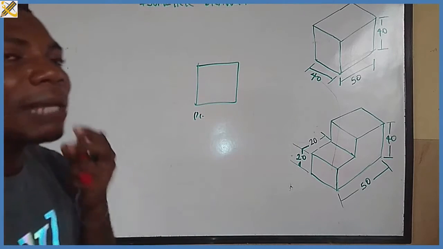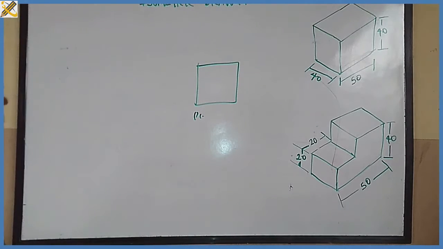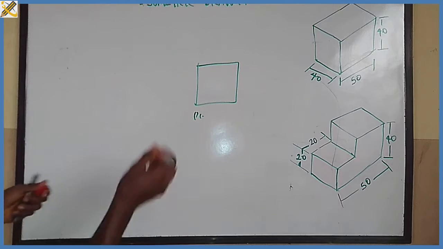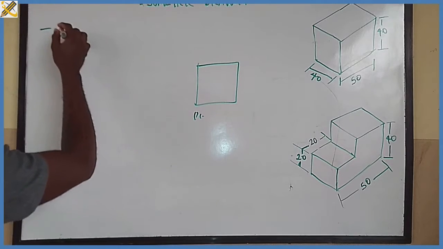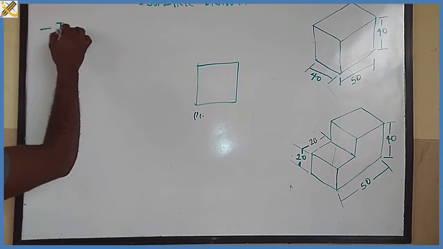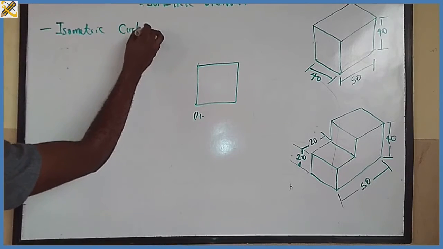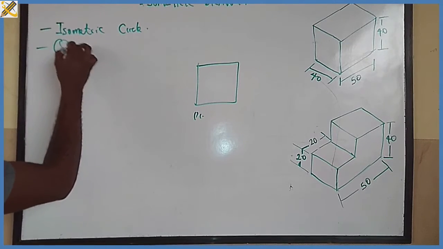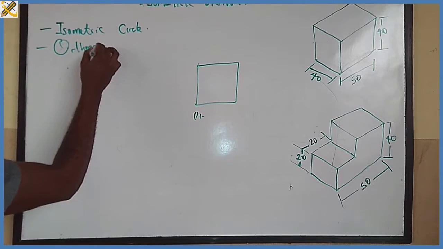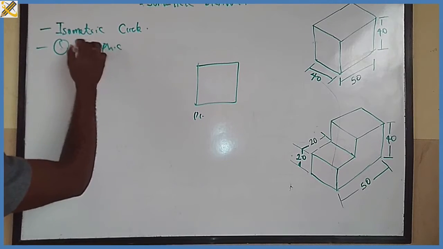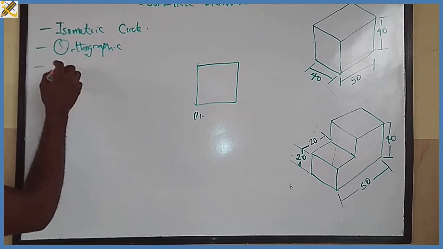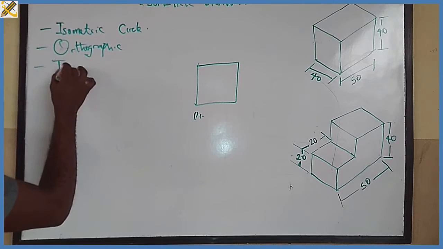Back to where I am coming from. At the inception of this class, I said we'll be looking into isometric drawing, followed by isometric circle, then orthographic, and then isometric views.